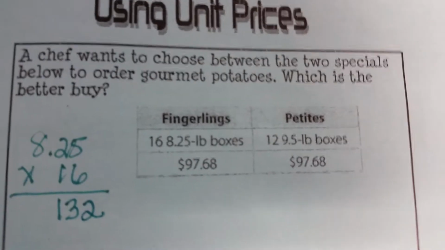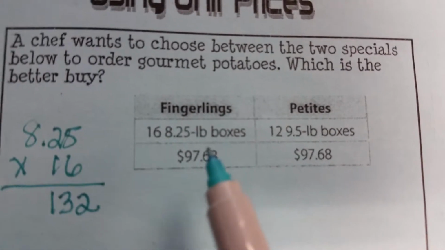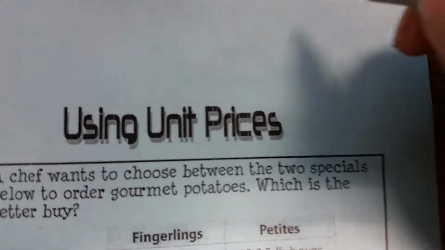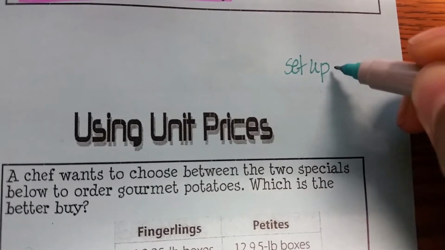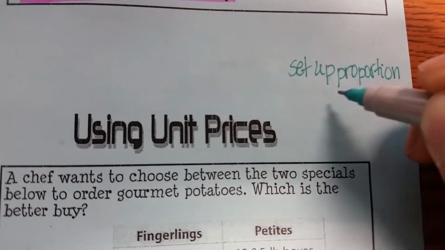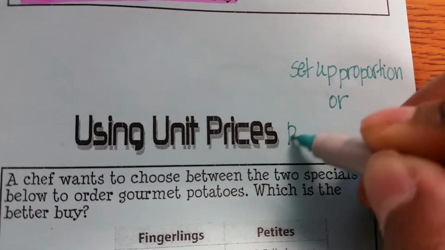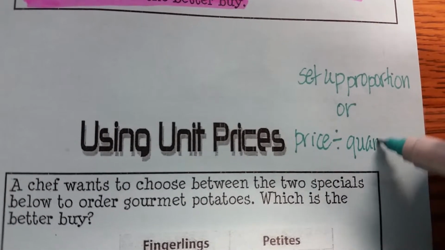All right, so this is how many pounds are in this box. So to calculate that, we can either set up a proportion, and we're going to make that note here. Or we can take the price and divide it by the quantity.